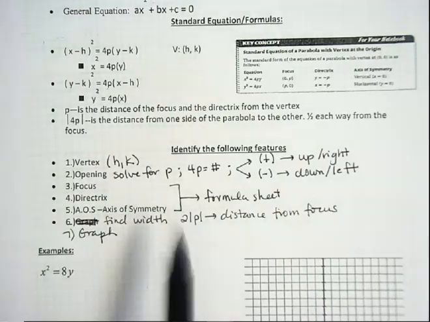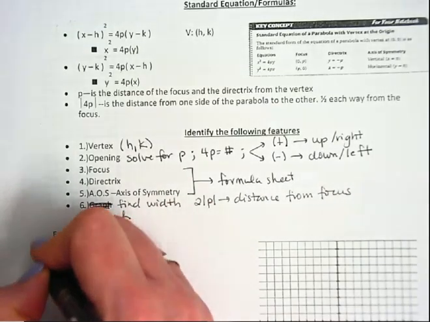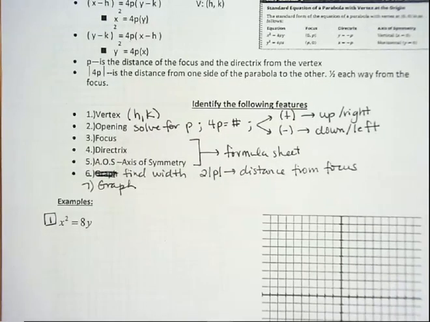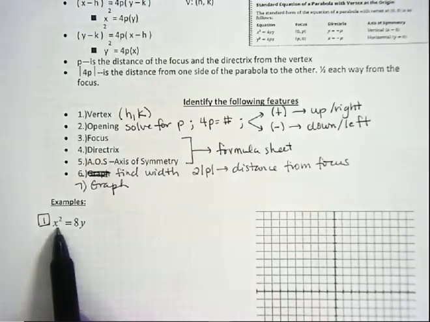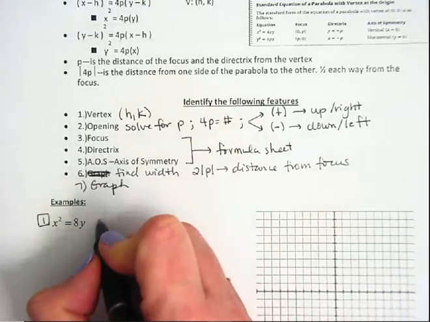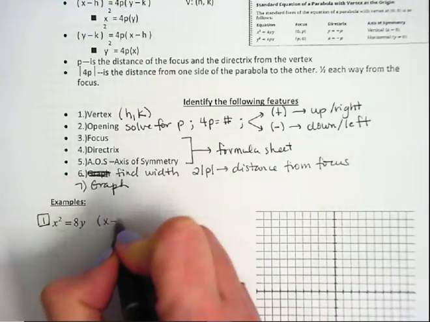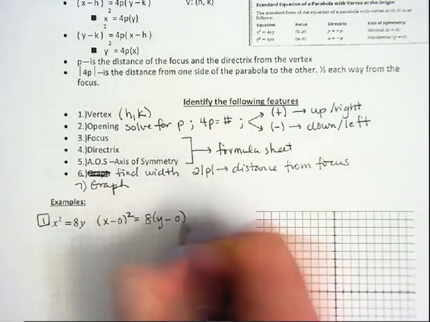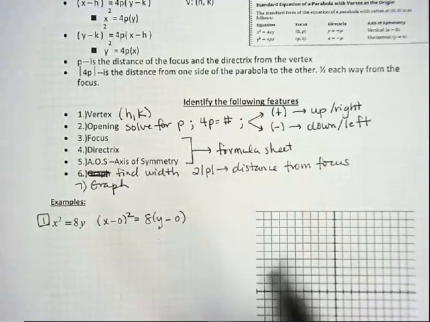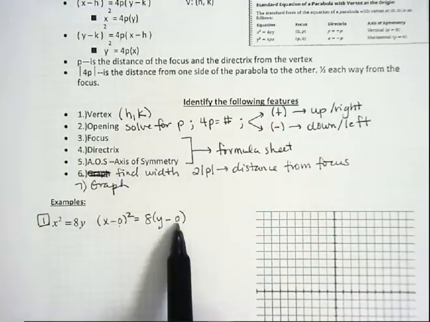All right, so we're going to do all those steps for this first problem. x squared equals 8y. So the first thing is to identify the vertex. Now, this is not in standard form, but if I rewrite it like this, it is in standard form. So my h would be 0 and my k would be 0.